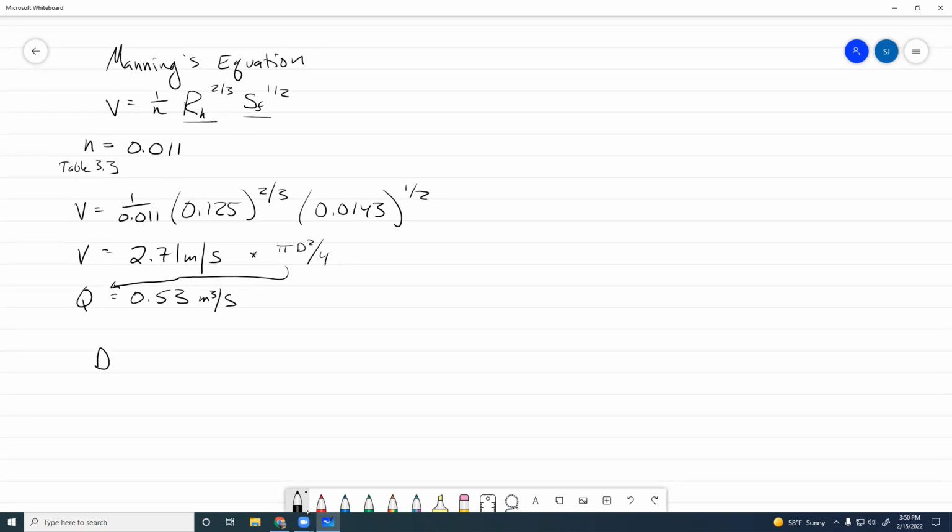So just to summarize, we got Darcy-Weisbach, which gave us 0.56 cubic meters per second. We had Hazen-Williams, which gave us 0.60. And then we had Manning's, 0.53. Is that a big difference or a little difference?